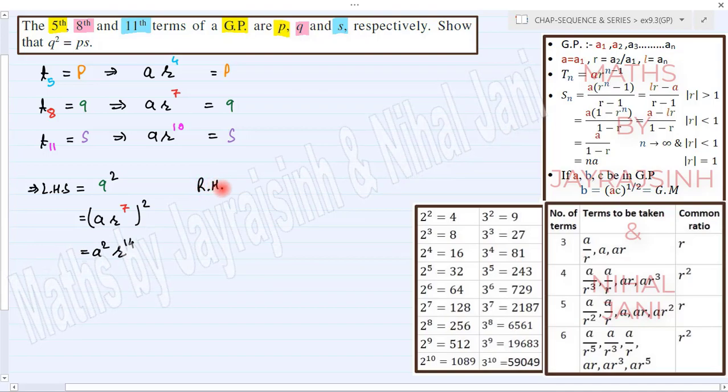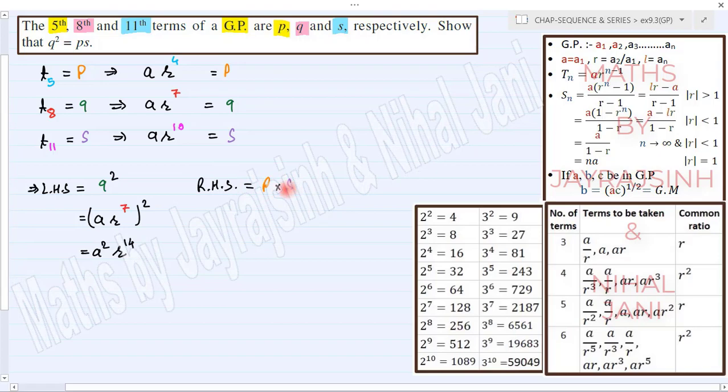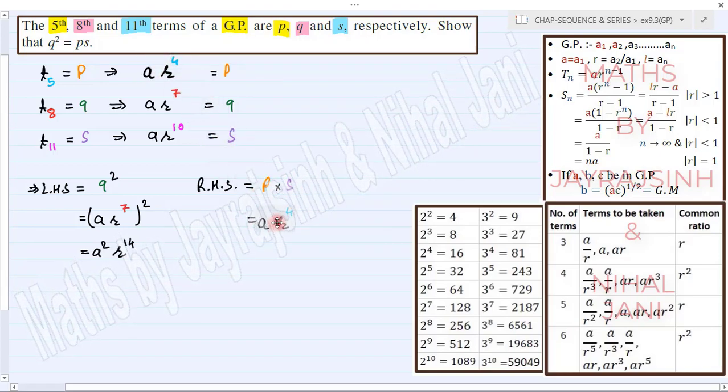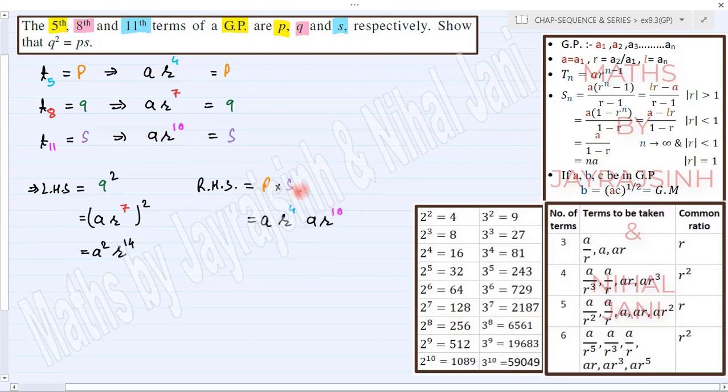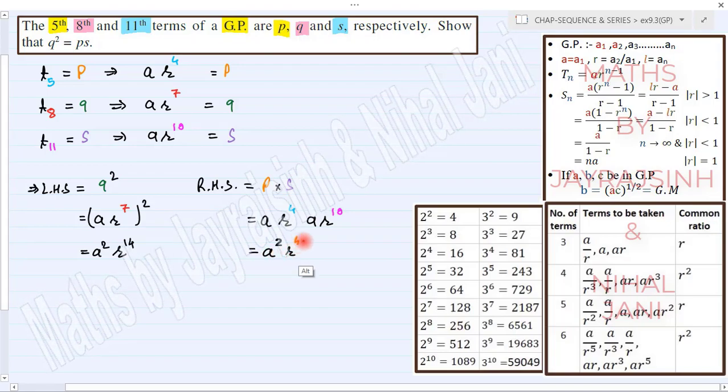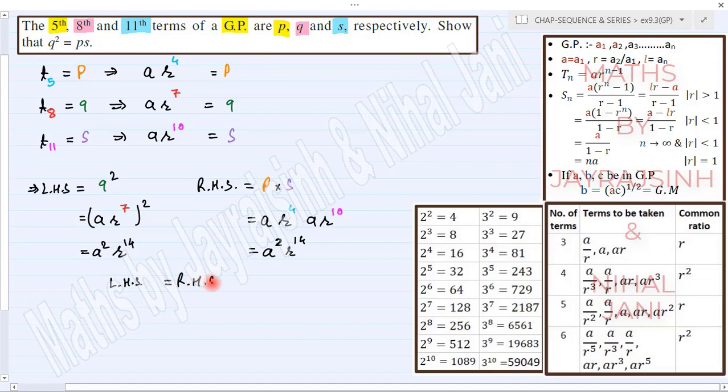Now, similarly, let's try to get the right hand side, which is P into S. So, your P is A R raised to 4 and S is A R raised to 10. So, we'll get A square into R raised to 4 plus 10, or we can say 14. So, as you can see, your left hand side is equal to the right hand side.